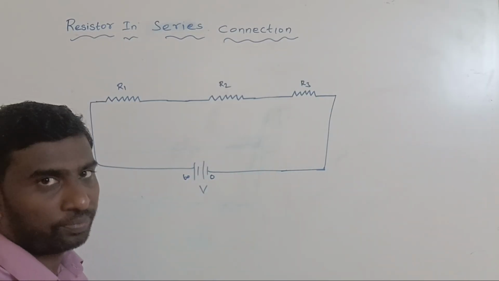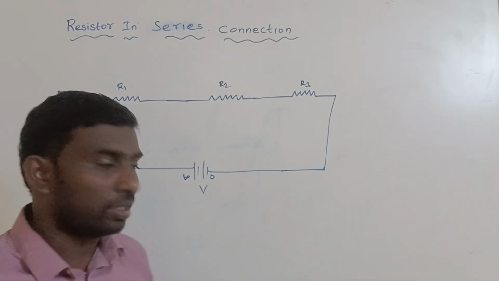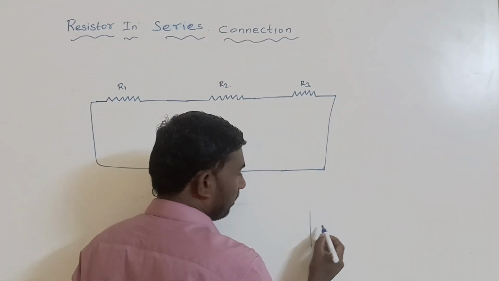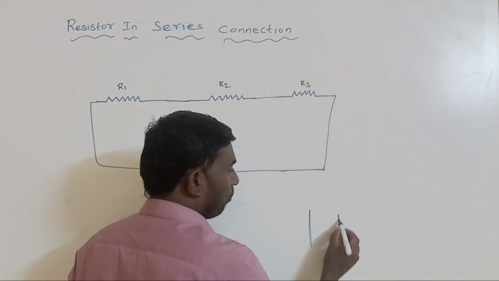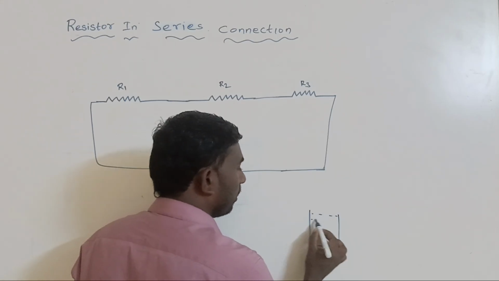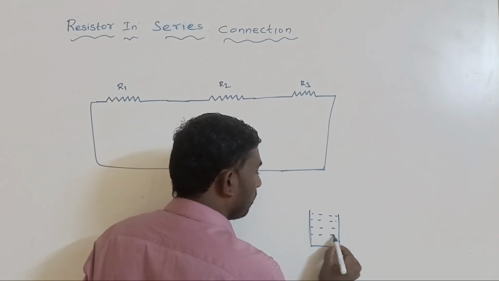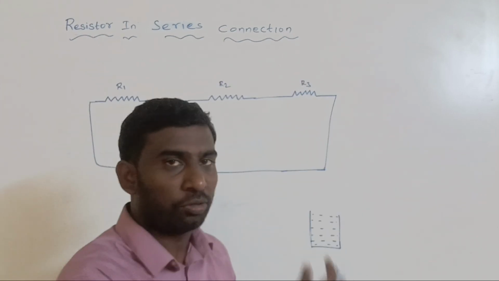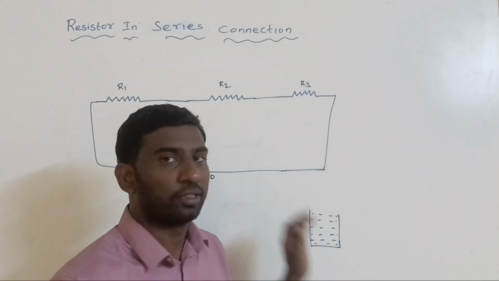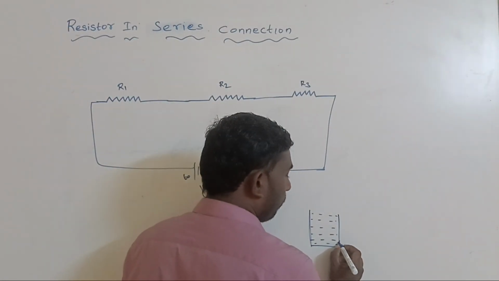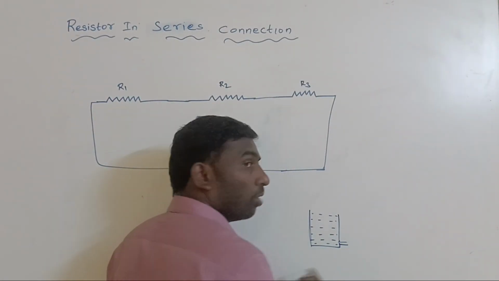See this example. Consider a water tank that is full of water, say 1000 liters or 5000 liters. Now I connect one pipe to the bottom of the tank.